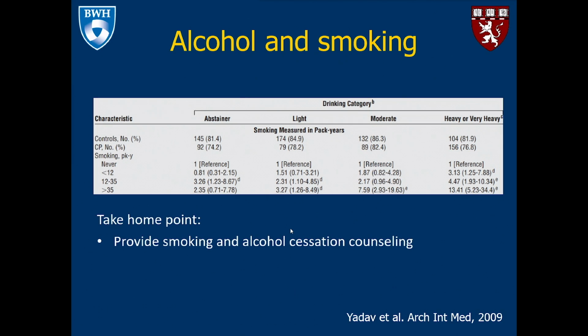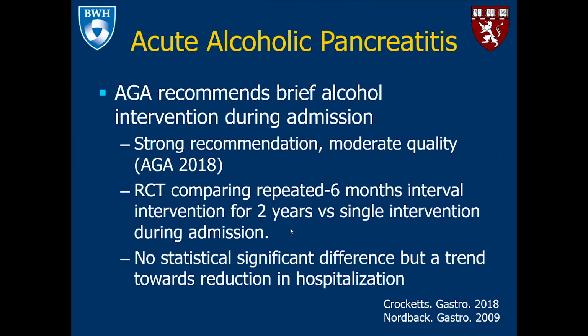And so providing smoking and alcohol cessation counseling is very important. And the timing of counseling is important too. So for patients that are admitted with alcoholic pancreatitis, a brief alcohol intervention during admission is strongly recommended. And this is based on a randomized controlled trial that compared repeated 6-month interval intervention for 2 years versus a single intervention during admission.